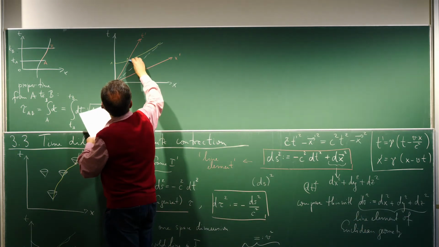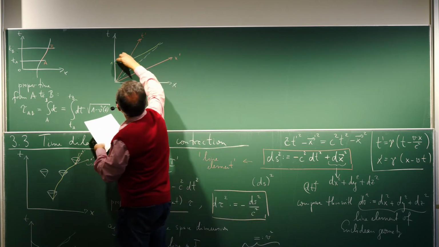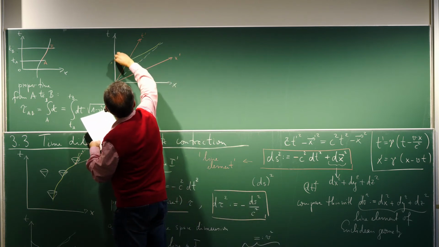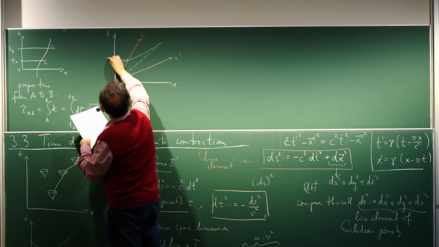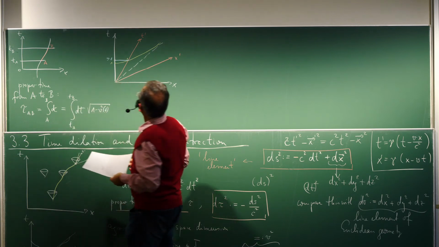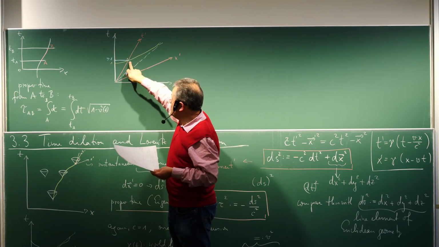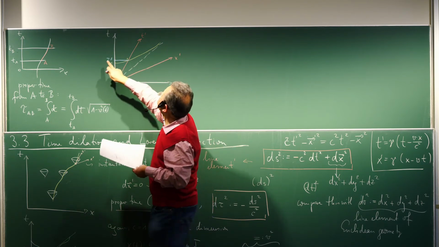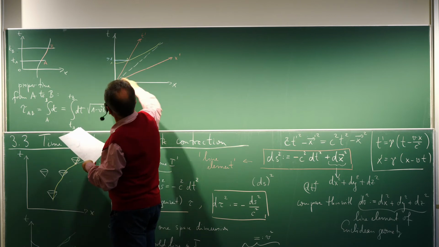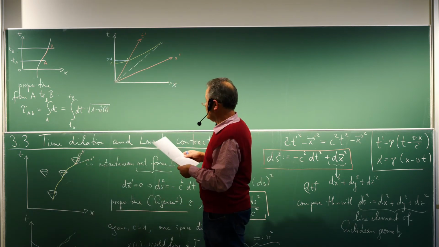So here this event, which is time 1 for I prime, would correspond to that time here in I. And you see this is bigger than 1. So what observer I prime would call 1, say 1 o'clock, for the observer who is at rest in I is bigger than 1.